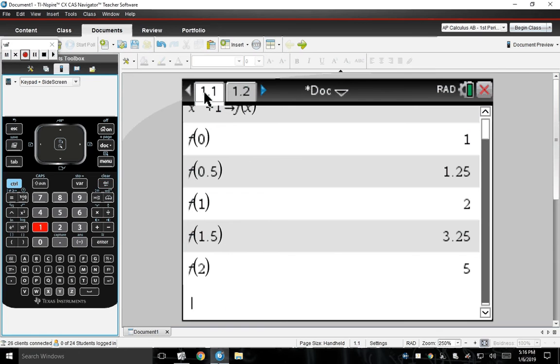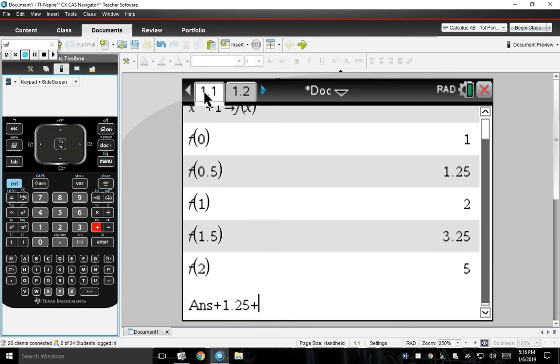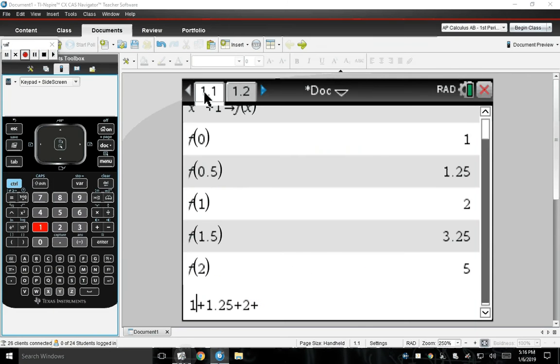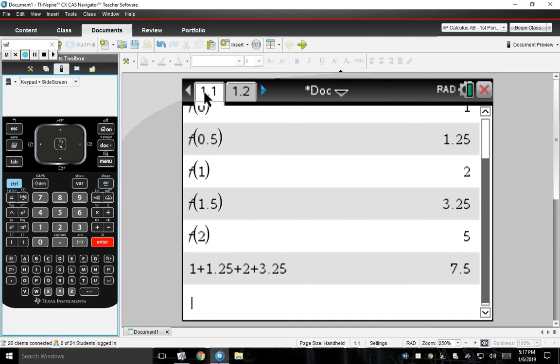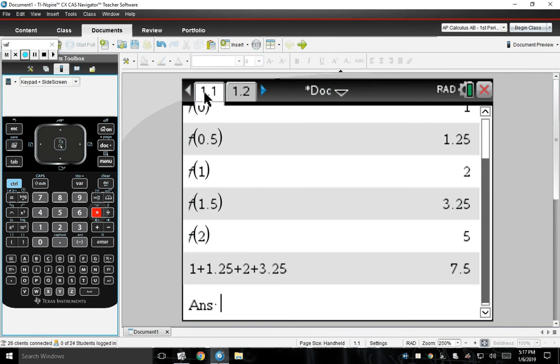So we have 1 plus 1.25 plus 2 plus 3.25, and that's going to be multiplied with our delta x of 0.5.